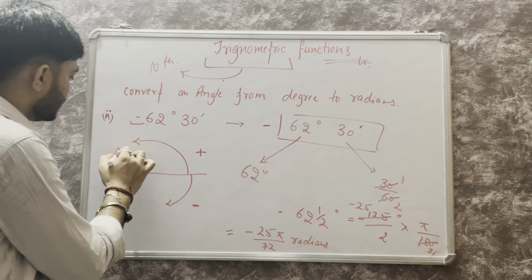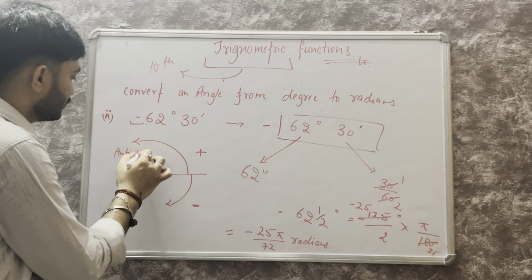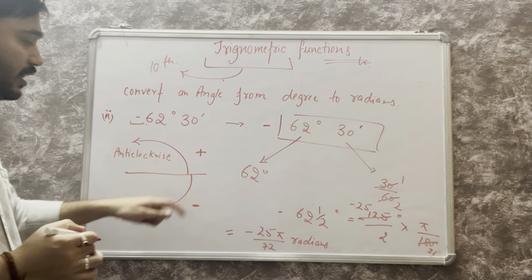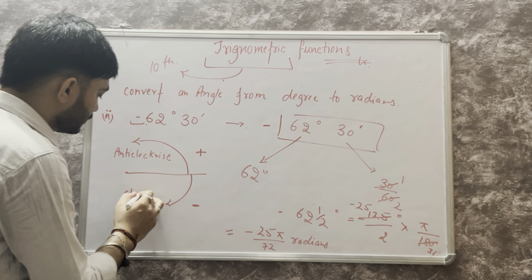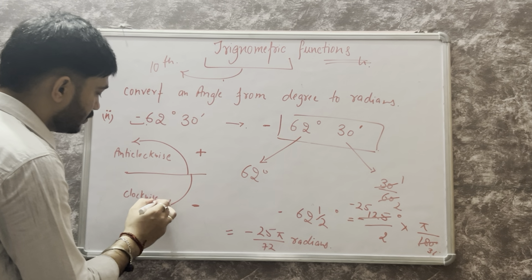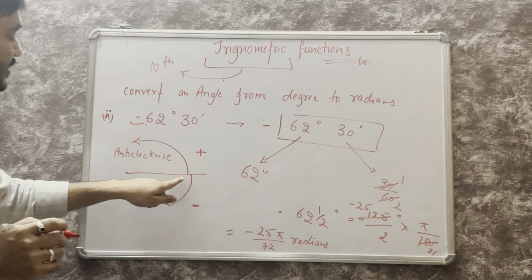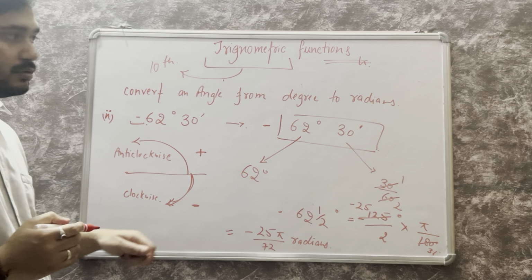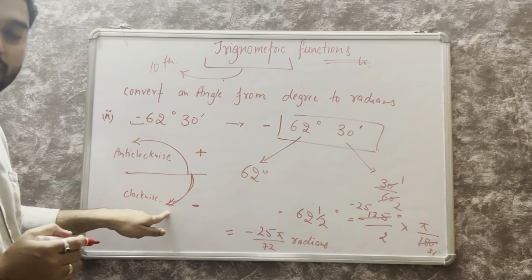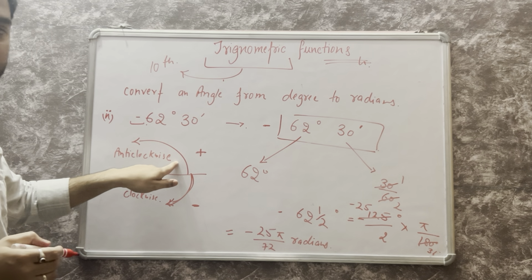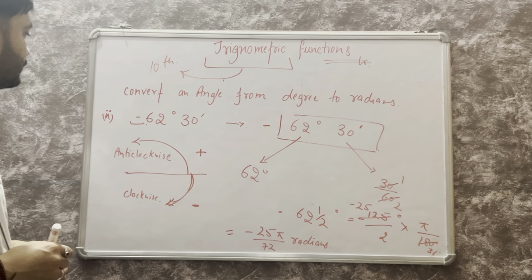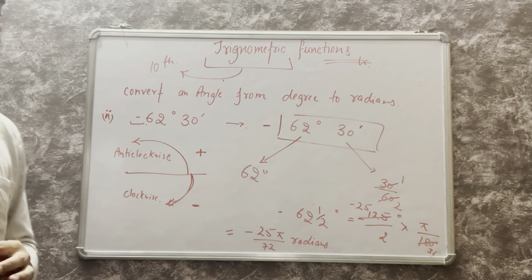So anti-clockwise means positive degree, and clockwise means minus. So this represents that we are moving in the clockwise direction. Minus represents clockwise direction. Positive represents anti-clockwise direction. Nothing else. Any doubt?